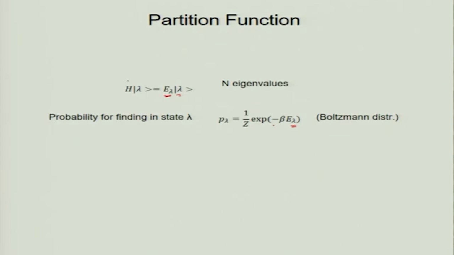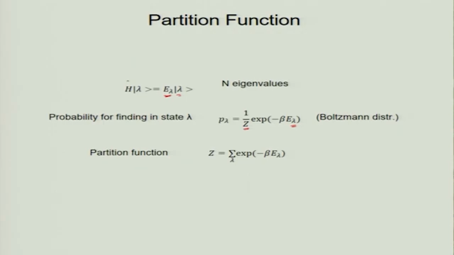That is given by exponential minus beta E lambda divided by the partition function Z. Everybody knows this; it is the standard Boltzmann distribution. Z is the partition function, which plays a very important role, and is the sum over lambda of e to the power minus beta E lambda. Remember, beta is 1 by temperature.